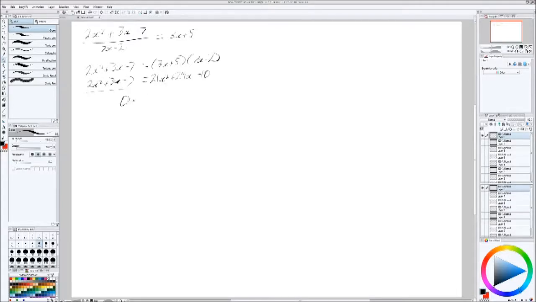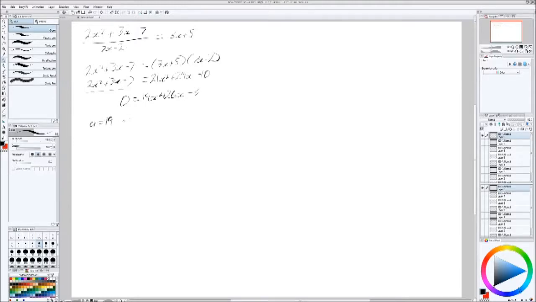So we end up getting 0 is equal to, so 21 minus 2 is 19x squared, 29 minus 3 is 26, plus 26x, and negative 10 minus negative 7 is negative 3. So horrible, horrible system, but we can use the quadratic formula.